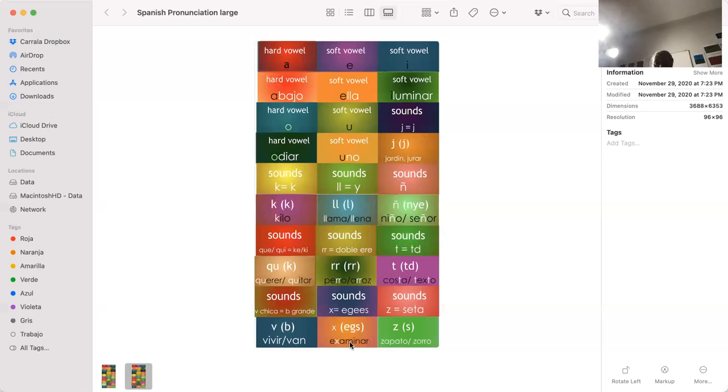Okay, so that's basically Spanish pronunciation in less than half an hour. I'm still not finished with English pronunciation, and I could be doing English pronunciation until the cows come home.